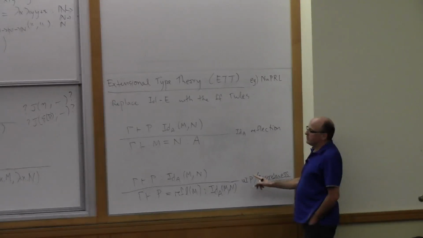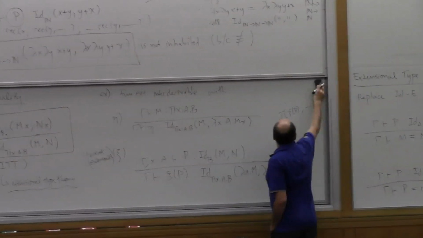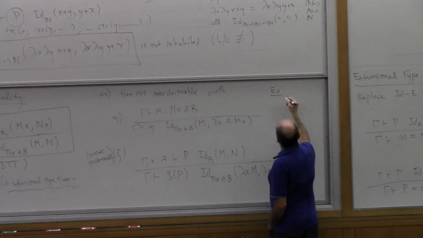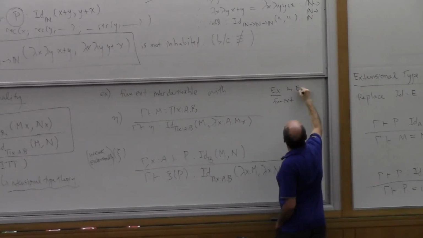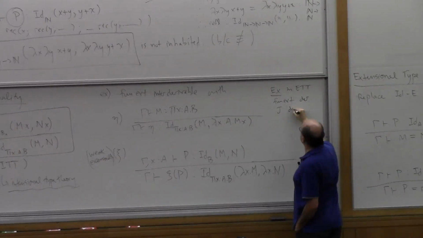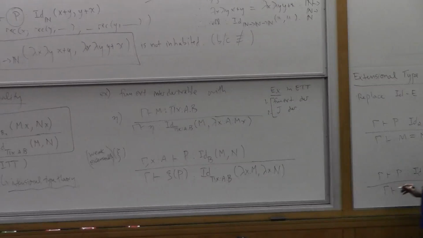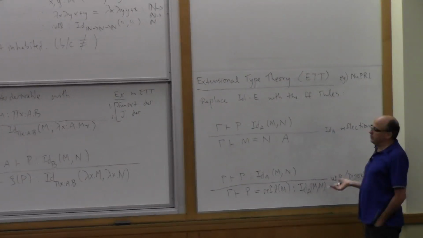Take these two rules. And now you can show as an exercise that in ETT, FunExt is derivable and J is derivable. You can do 1 and 2. That is, when you're working in extensional type theory, you can already write down a proof term for FunExt.